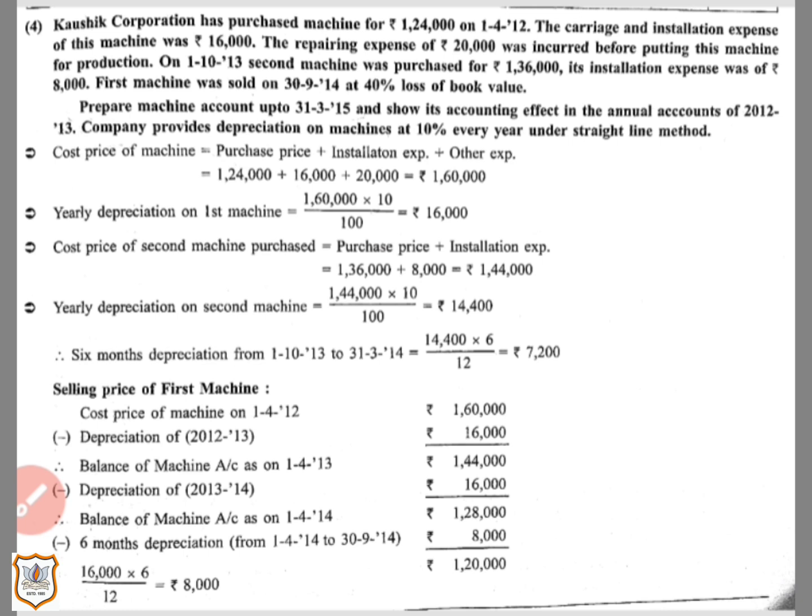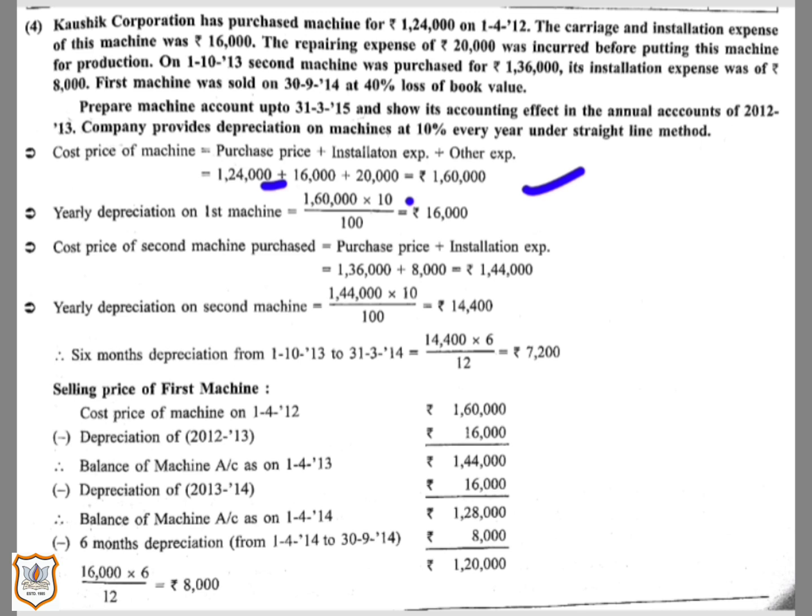Purchase price is rupees 1,24,000 and installation expense is rupees 16,000 and other expense is rupees 20,000. So here the cost price of the machine will be 1,60,000. If we add all these, we will get 1,60,000.